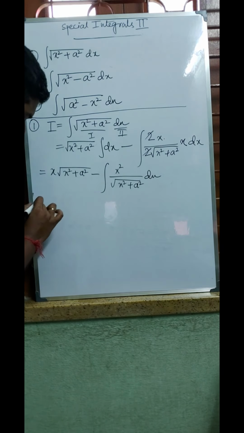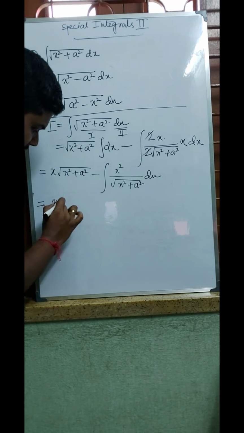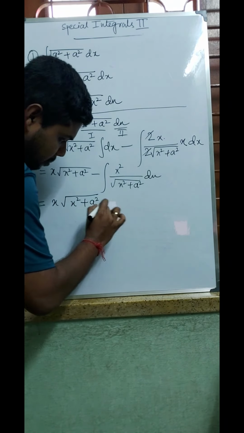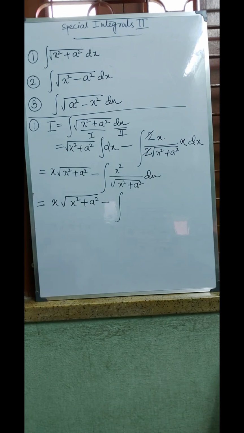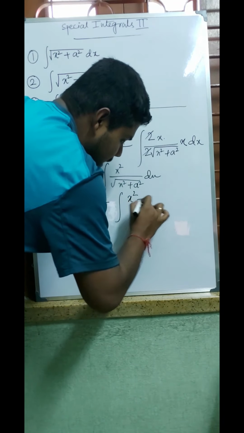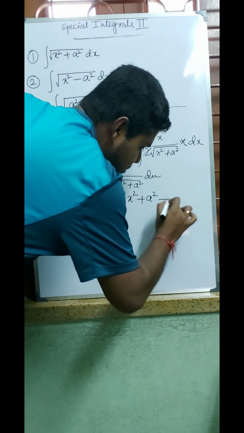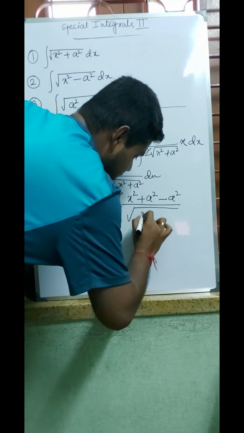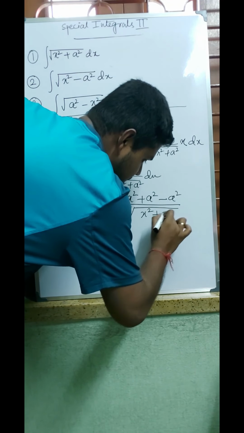Now in the next step we can write x under root x square plus a square minus, now I am doing a little bit of manipulation. What is the manipulation? I am adding one a square and I am subtracting one a square, and this is under root x square plus a square.